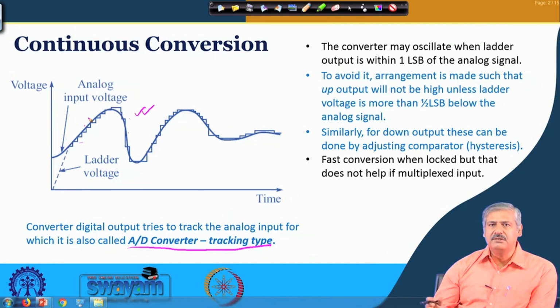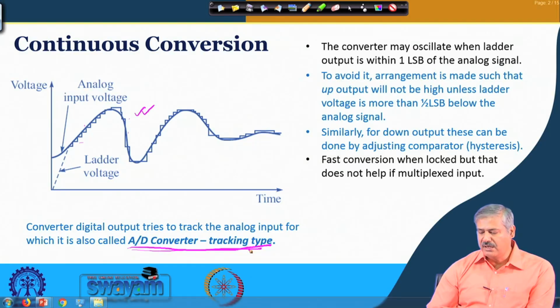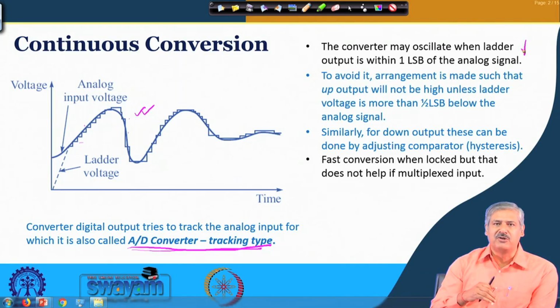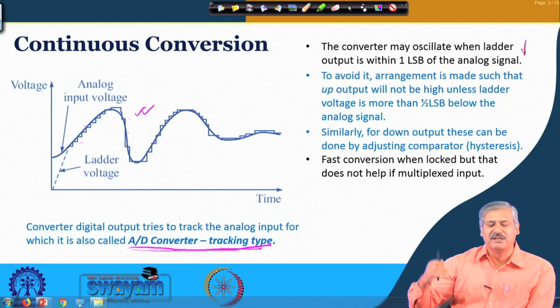Now, there are certain additional things that go into this kind of analog to digital converter where continuous conversion is employed. So, it may oscillate when the ladder output is within 1 LSB of the analog signal. So, either it is going up or it is coming down in comparator output. So, it will always oscillate. Okay.